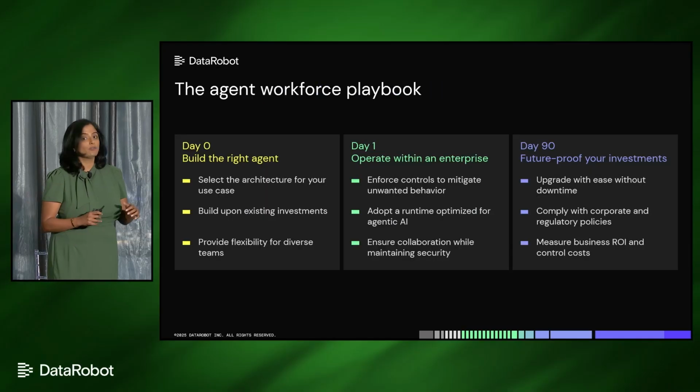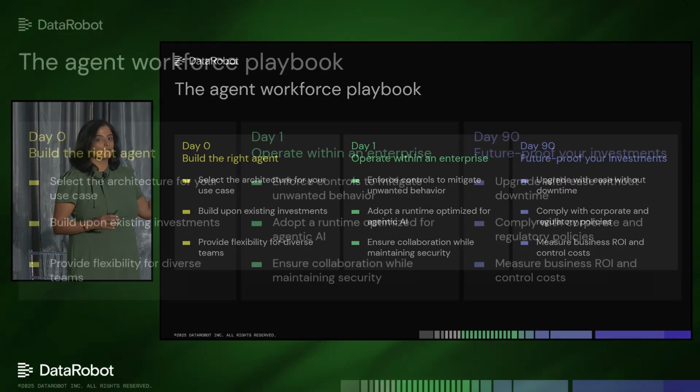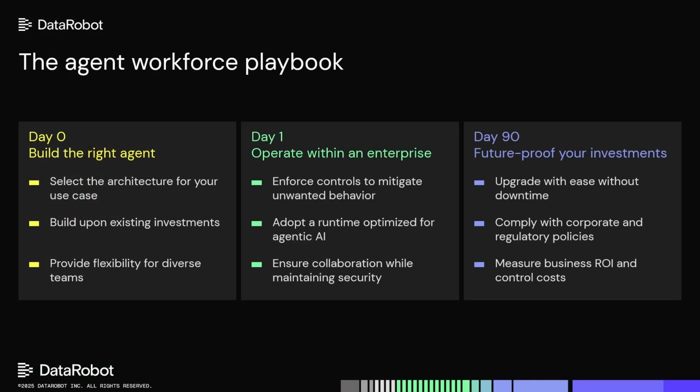Now, I know we have gone over a lot here, but this is truly your checklist to take your agents from beyond just demos and put them in your production environment. And if the tools and platform that you're adopting cannot deliver on these, you shouldn't be trusting that platform with your enterprise data.